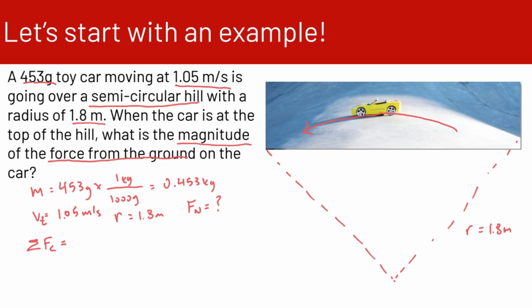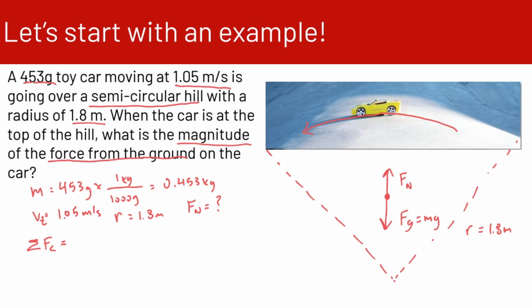So if we draw a free body diagram right here, we have the force of gravity, and we have the normal force. The force of gravity is equal to m times g. In the case of centripetal motion, we're always going to calculate the centripetal force as being the positive force.